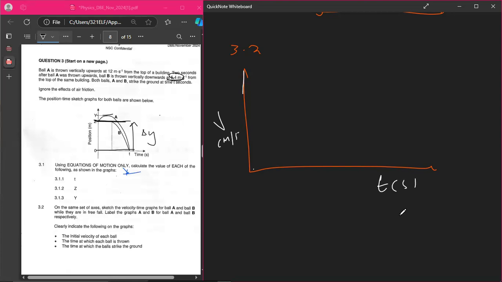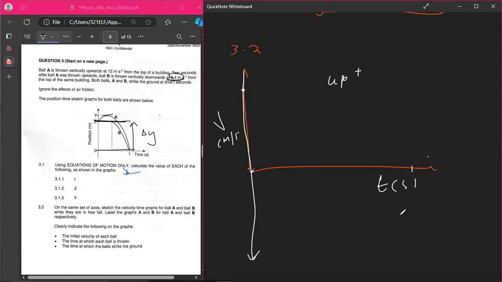So remember, we'll have to go all the way to the other side since there's a negative. Up is positive here. I know the initial velocity for A. They said that I need to label certain things: the initial velocities of each ball, the time at which the ball is thrown, and the time at which the ball strikes the ground.